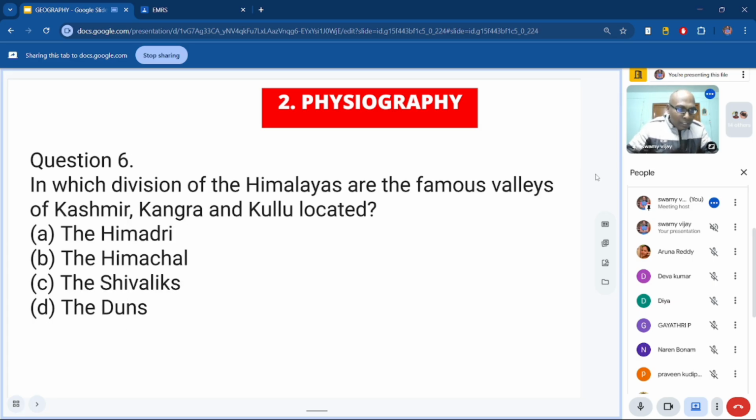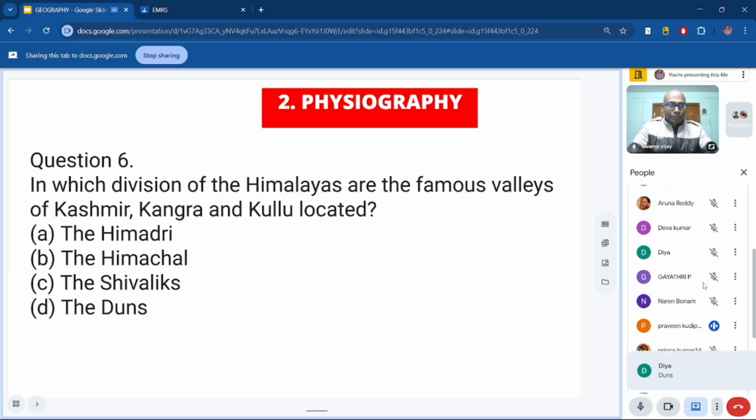Who is next one? Praveen sir. Praveen? Yes, sir. Please read. In which division of the Himalayas are the famous valleys of Kashmir, Kangra, and Kulu located?